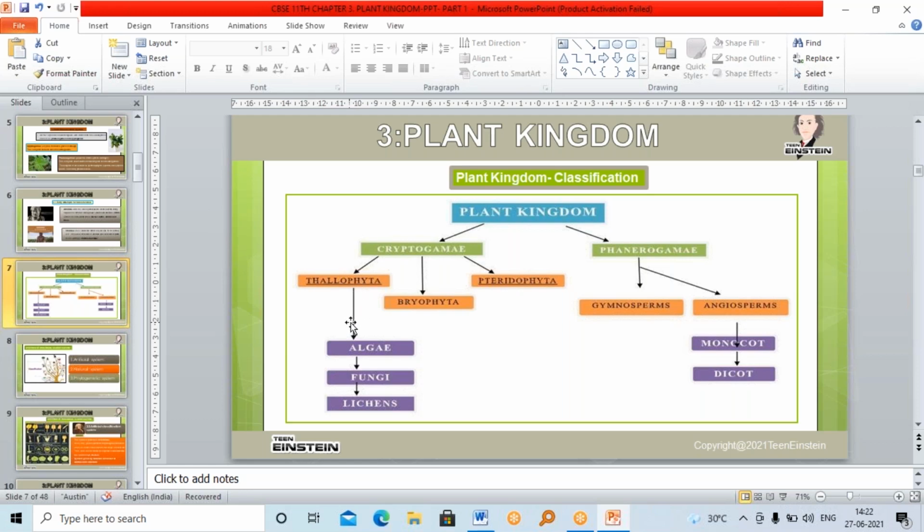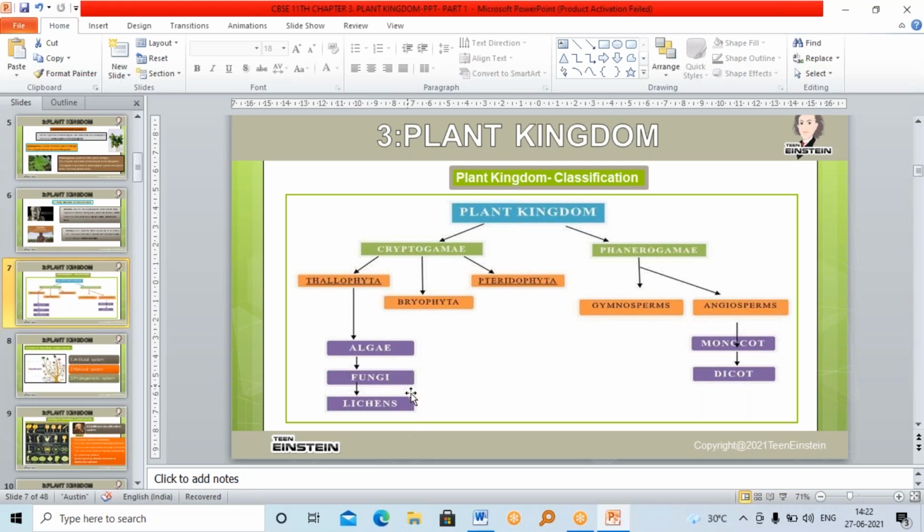What is thallus? The plant body which is not differentiated into root, stem and leaf is called thallus. So Thallophyta is again divided into algae, fungi and lichens.